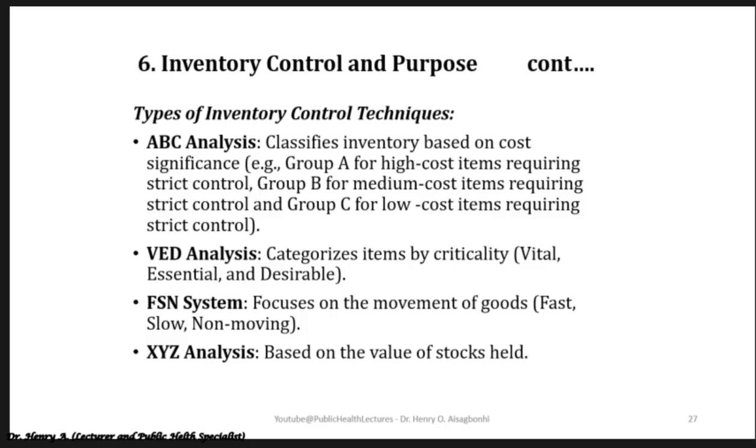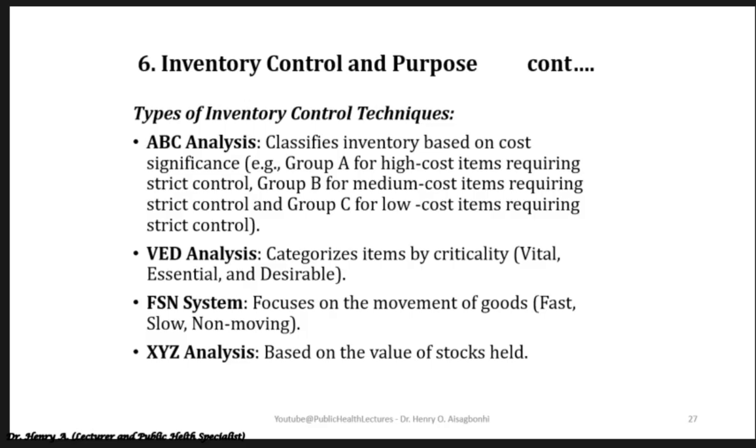We look at the third one, FSN system or FSN analysis. This method is based on movement, where you have the fast moving items because they are used frequently. Then you have the slow moving items that are used occasionally.